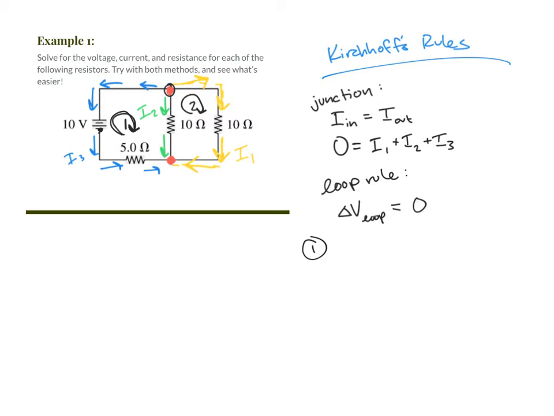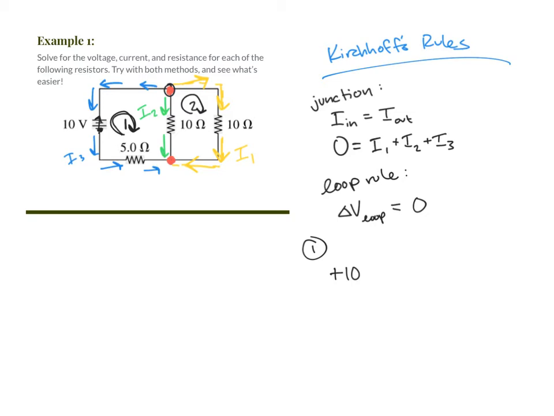So if I move through the battery, going from the negative terminal to the positive terminal, potential increases according to the voltage of the battery. So to start with, going from the point I'm at to the other side of the battery, you gain a potential of 10. I'm going to leave off the unit just for simplicity's sake.